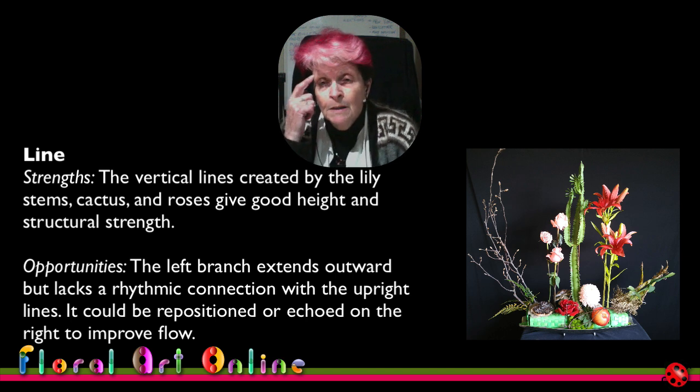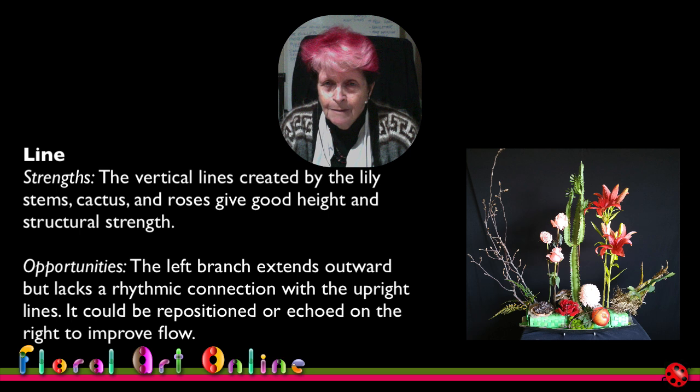It could be repositioned or echoed on the right to improve flow. So unfortunately, I think that had the orchid that is on the right been stable in its placement, it was quite bottom heavy, it would have mirrored that or reflected that curve.